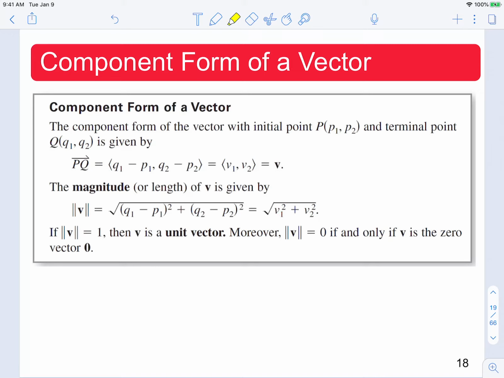This part here and this here are equivalent, and this here and this here are equivalent. So these are just different ways of showing the magnitude of the vector. We said that if the magnitude of a vector is equal to 1, then we call v the unit vector, and if the magnitude is equal to 0, we call this the zero vector.